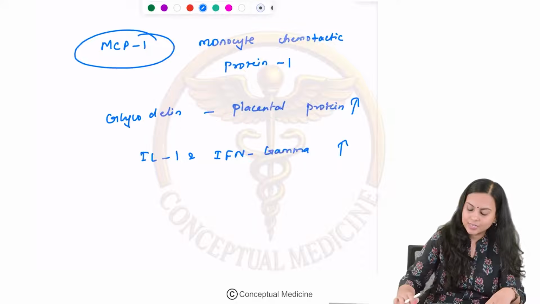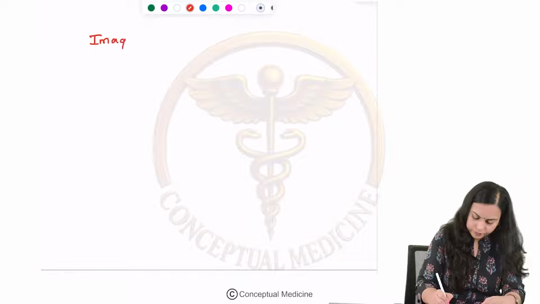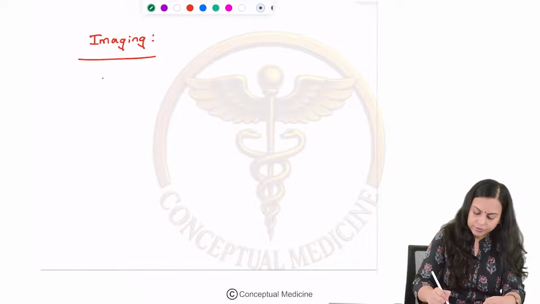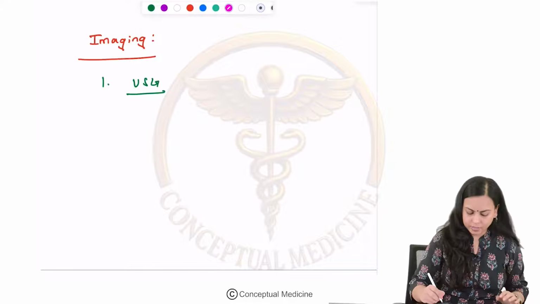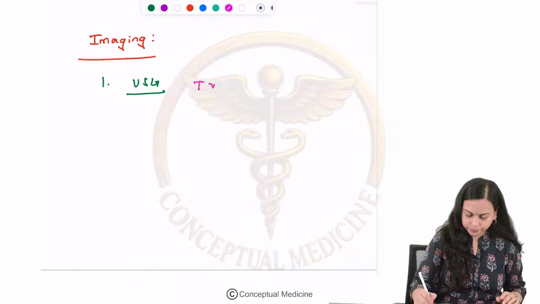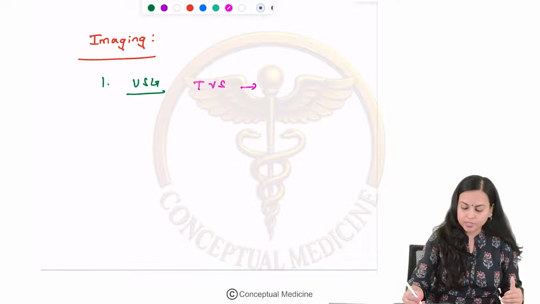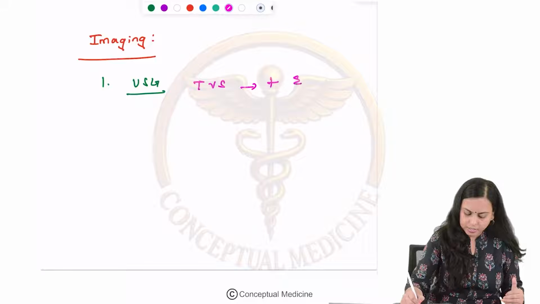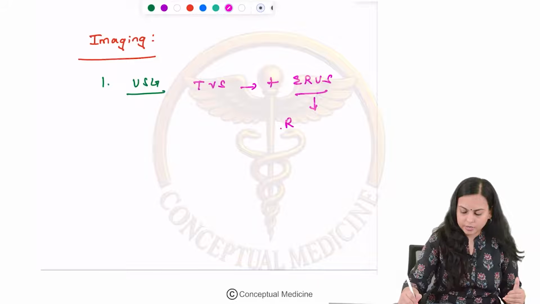Okay. Let's see about the imaging in endometriosis. In ultrasonogram, especially on TVS, that is transvaginal ultrasonogram, you can get details about endometriomas, and this can be combined with endorectal ultrasound as well to rule out rectosigmoid endometriosis.